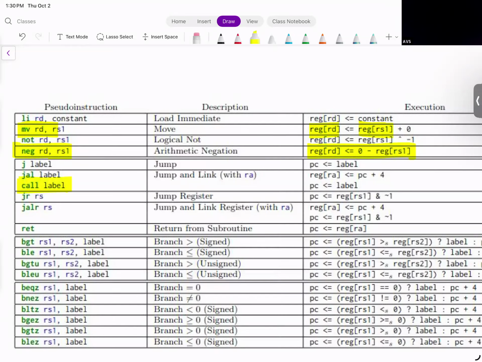Someone asked about call. Call is basically a jump and link function with just the register RA is PC plus 4. Same story with return. And then all of these things that you ask, like branch less than, branch greater than, and all of that.